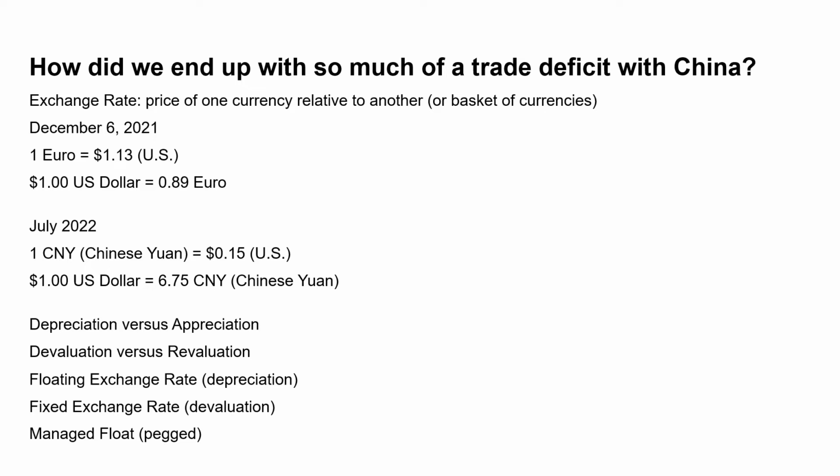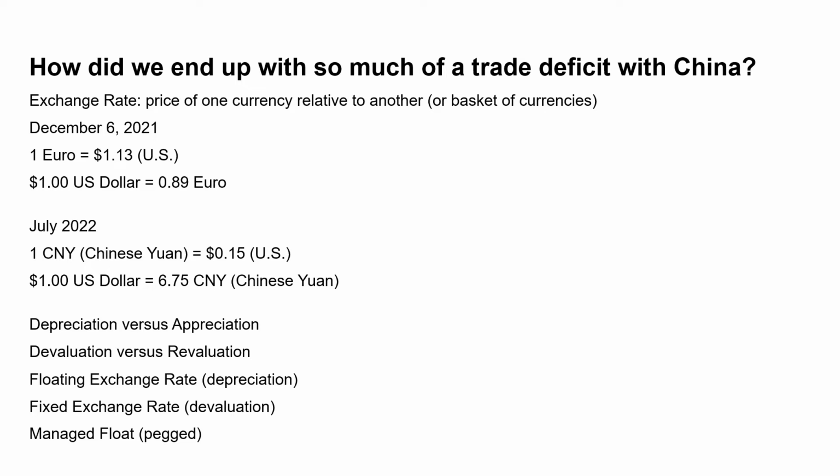If the dollar appreciates relative to the euro, then the US dollar price goes up and the British pound, for example, would go down. And the flip side of that is that if the British pound is appreciating, rising in value, then the dollar would be depreciating or losing value.